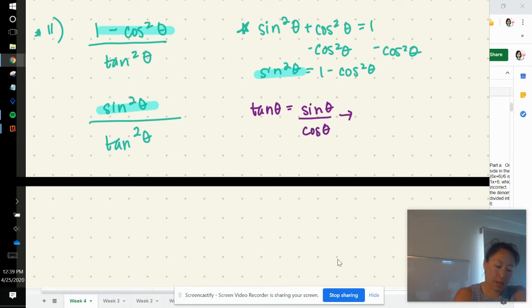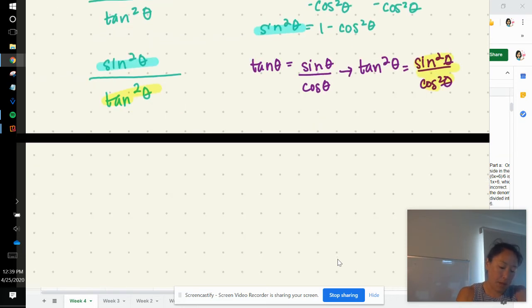So that means that tangent squared theta is equal to sine squared theta over cosine squared theta. So I will replace tangent squared theta with sine squared theta over cosine squared theta.